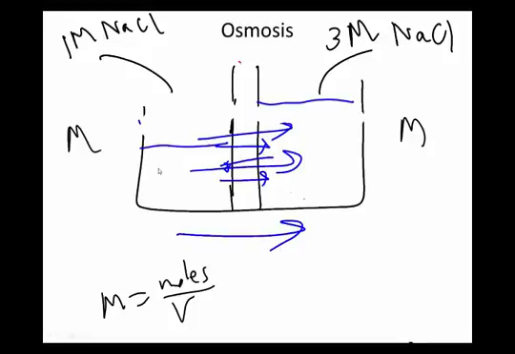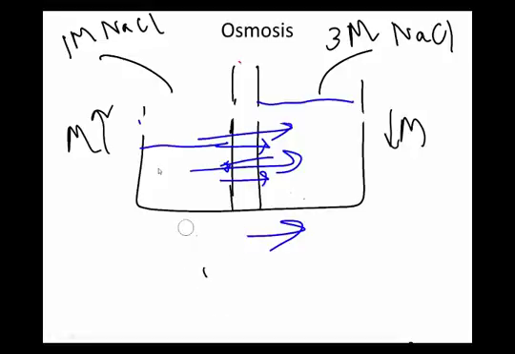It's becoming more concentrated, because the volume's going down. If volume goes down, molarity goes up. On the right-hand side, the volume is going up, which means it's becoming more diluted. In other words, this is trying to equalize the concentrations. It's trying to bring the higher concentration down and the lower concentration up. So it's trying to equalize them out.